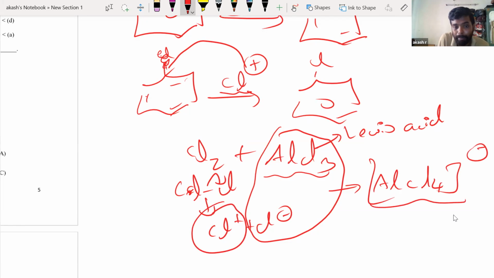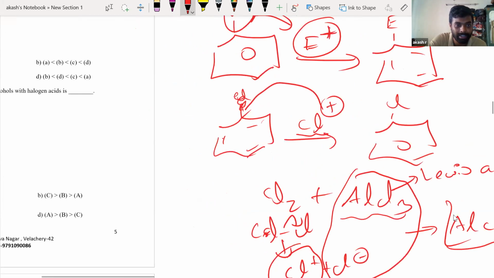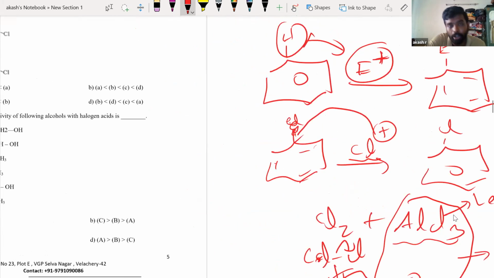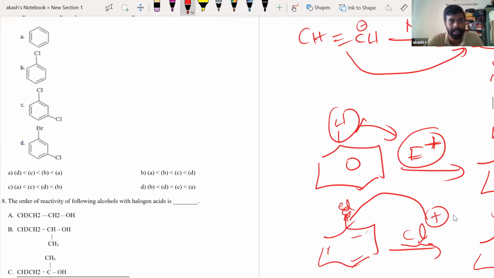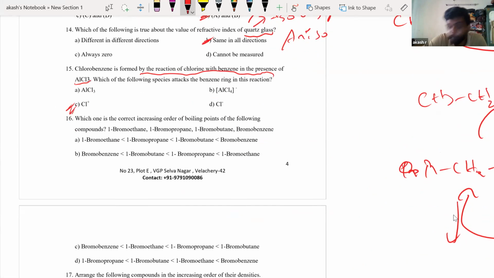The remaining Cl plus is the only one attacking the benzene ring. That is what you need to understand. Mechanisms are very important, but NCERT is so pathetic that they are not concentrating on the mechanisms, but it is very important. Anyways, the answer to this question is Cl plus.